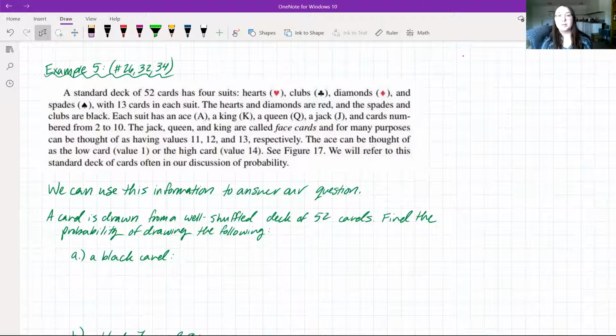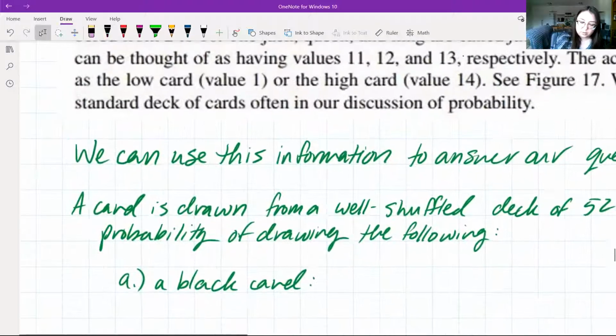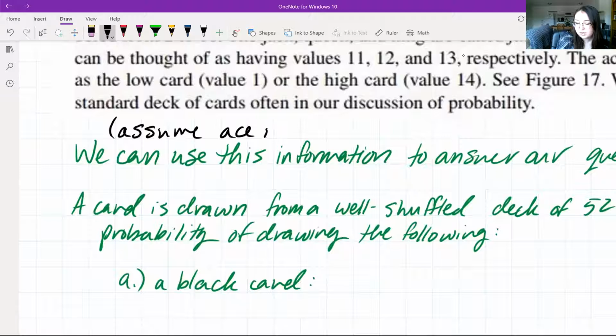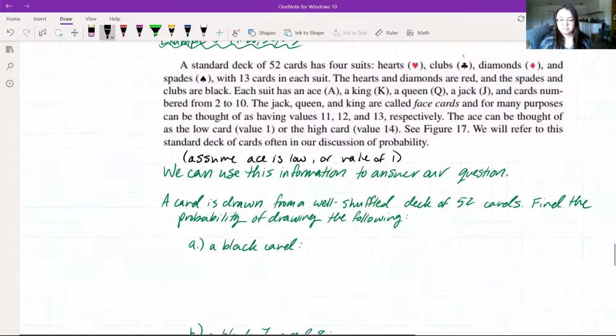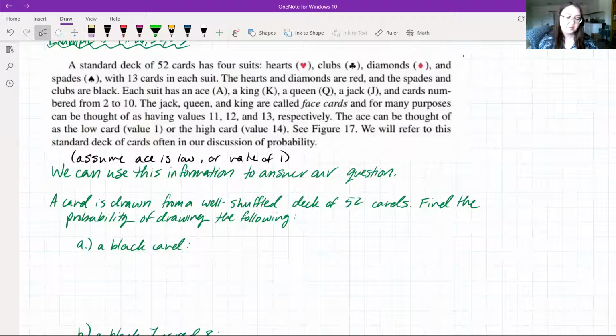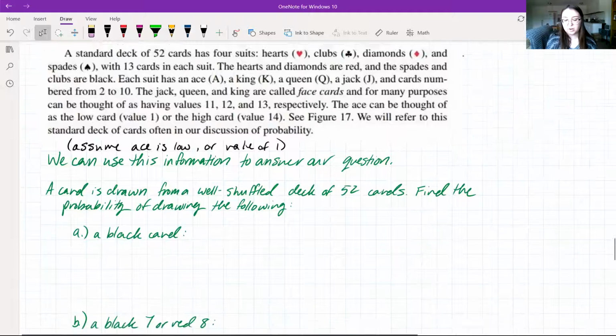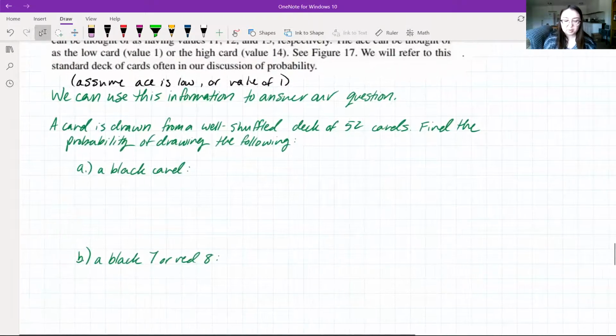In the case that we're working with our questions here, we are going to assume ace is low, or has a value of 1, just in our case here. So we want to find the probability of drawing a black card.